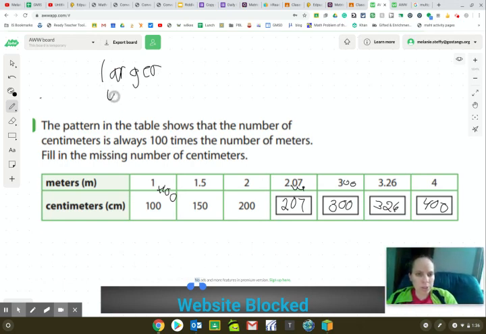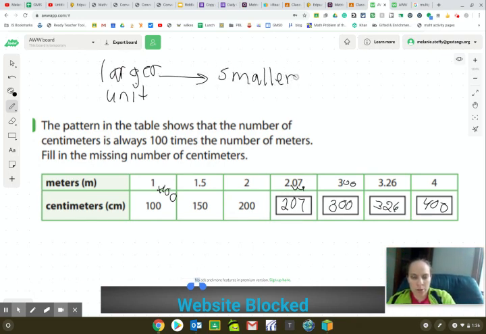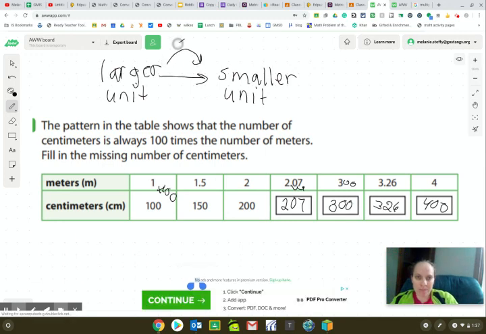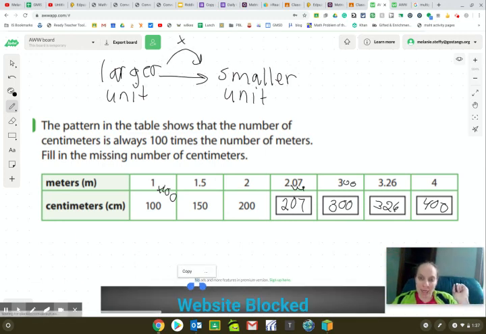A larger unit to a smaller unit. So in other words, you're going to be breaking your unit into many, many, many more smaller pieces. You're going to be using multiplication because your number's getting bigger. If you are going from the smaller unit and you are putting them into groups to figure out how many of the larger unit you have, you're going to be dividing.